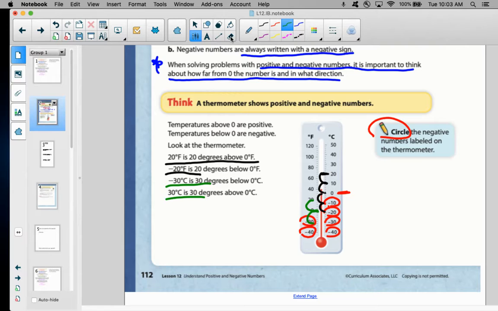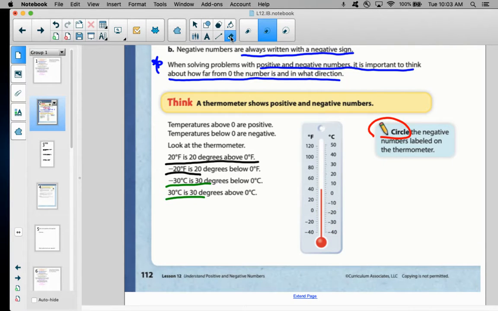Just going to get rid of some of my markers here so we can see -30 and +30. So regardless of which side you look at, it's going to be the same distance above 0 as it is below. So you can see my 3 hops above the 0 and my 3 hops below the 0.